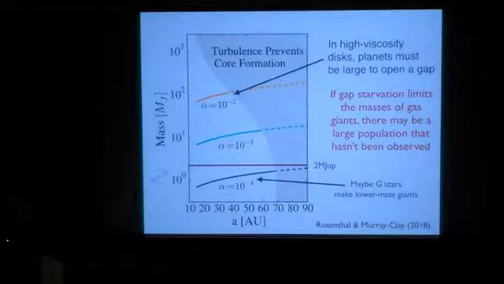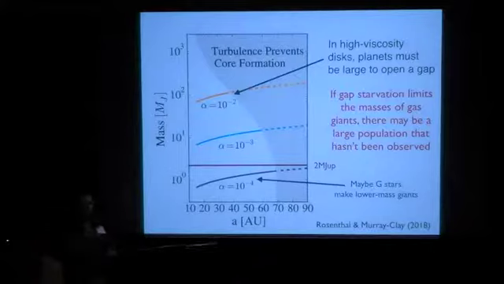And here, just as an example, is a scenario in which you would make giants that are less than 2 Jupiter masses. So let me take a step back and say, once you've grown a planet by core accretion, it has to reach a minimum core mass to go runaway.